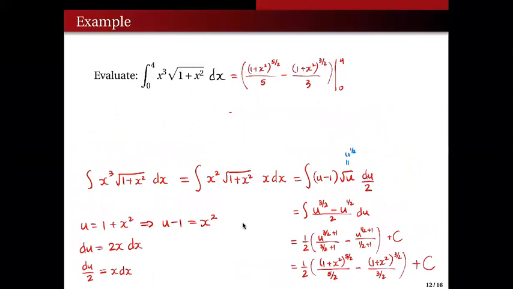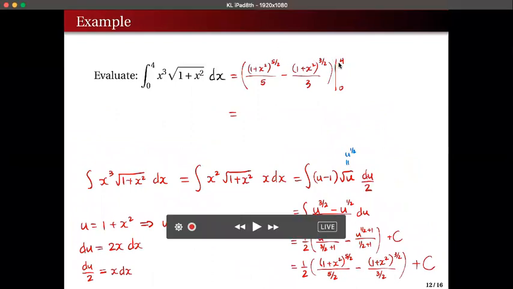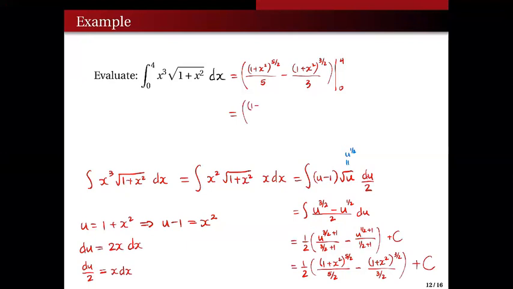But anyway, at x equals 4, we will have quantity 1 plus 4 squared raised to 5 halves over 5, minus 1 plus 4 squared raised to 3 halves over 3, quantity minus, at x equals 0, we just have 1 plus 0 squared. That's just 1, and then you raise it to some power, it's still 1.